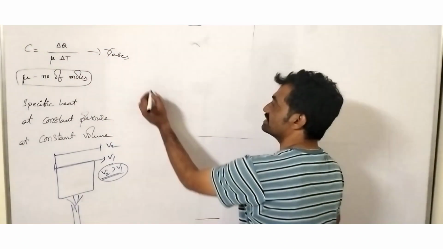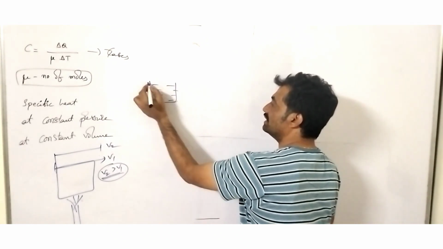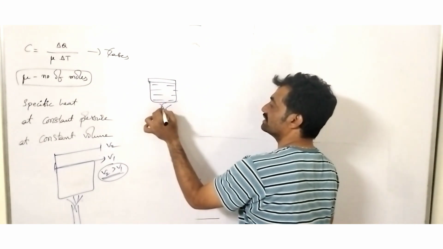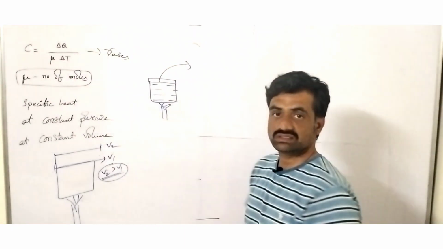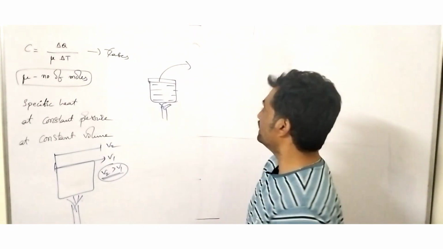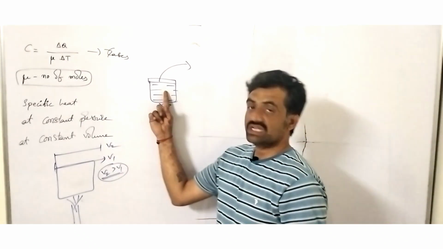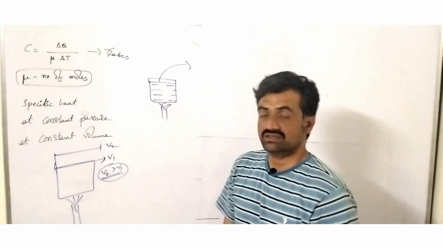Just like if you consider milk in a vessel, if we close the lid and heat the milk, after some time the lid will be thrown away. Based on that, the amount of heat supplied to the system at constant pressure is utilized to increase its internal energy as well as to do external work.